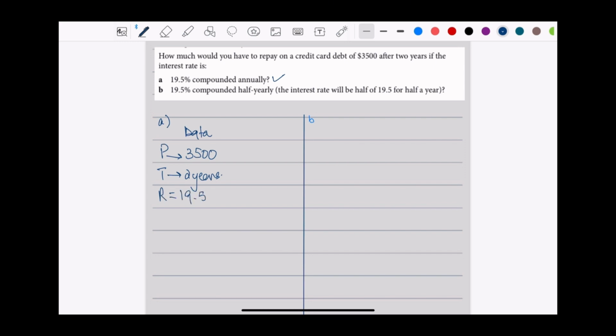Annually means per year, so the interest is applied every year on the principal amount. After the interest is applied, the initial amount, which was 3,500, is added to the interest and a new principal amount comes into play. So every time, the principal amount will be changing in compound interest.